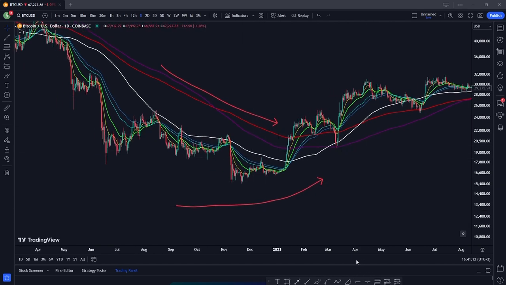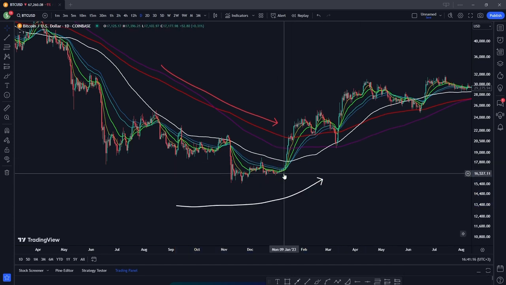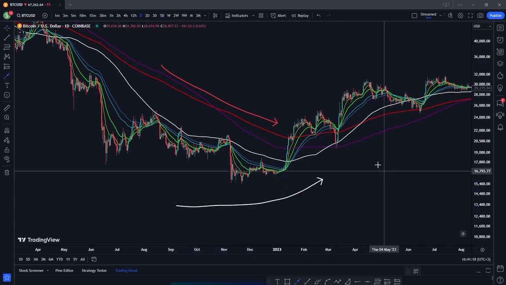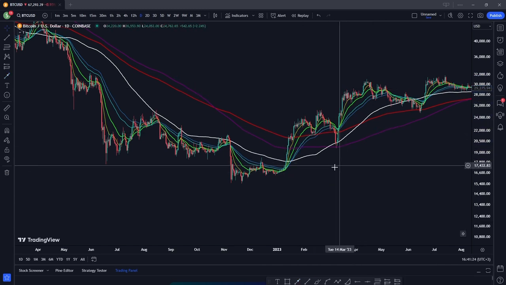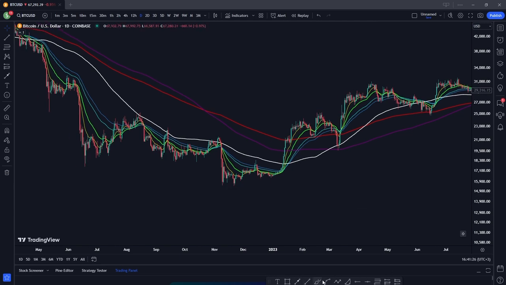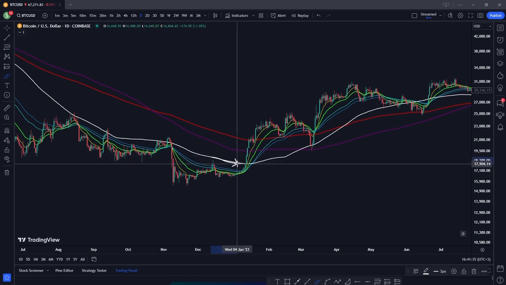If you take a look at it, it's very similar to the one I showed, but once the price breaks above the white 100, the bull market starts. But here it's not that nice. It's not the perfect apex we had here. To be perfect, this white 100 had to go like this.